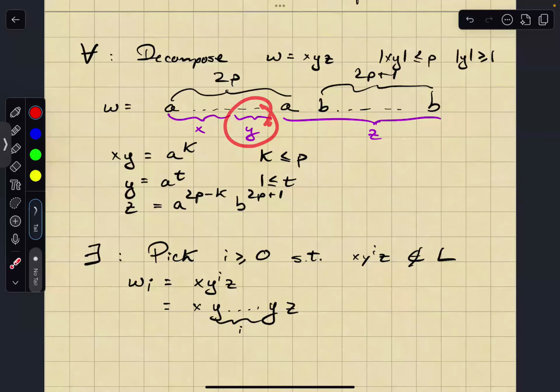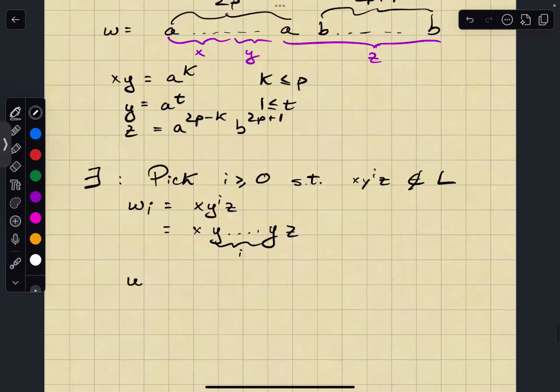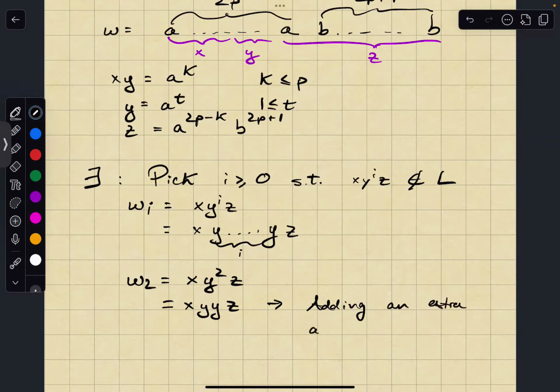So if I inject an additional y here, what's going to happen? Let's see. If I inject an extra y and I get y squared, so I get x, y, y, z, this means that I'm adding an extra t a's to the string.